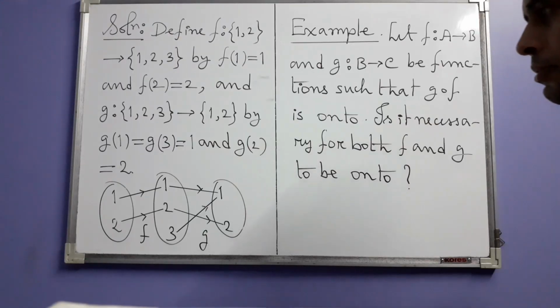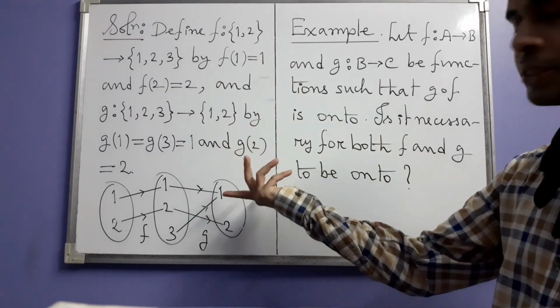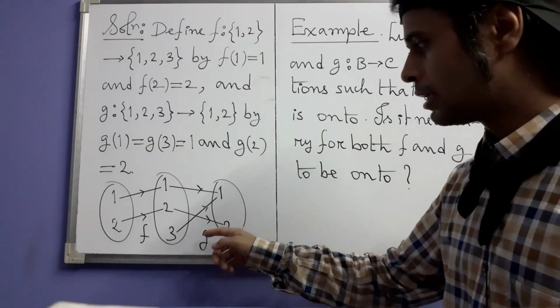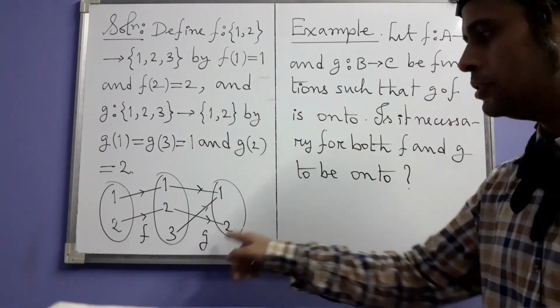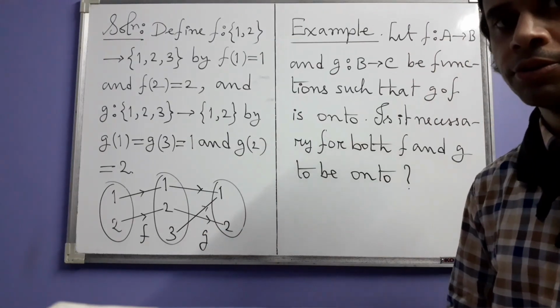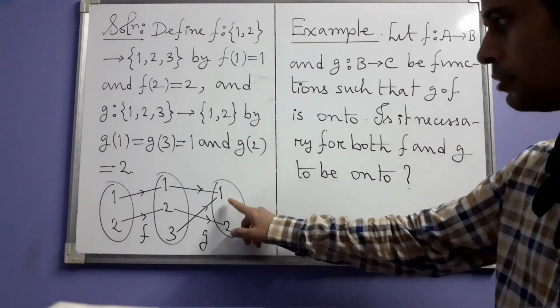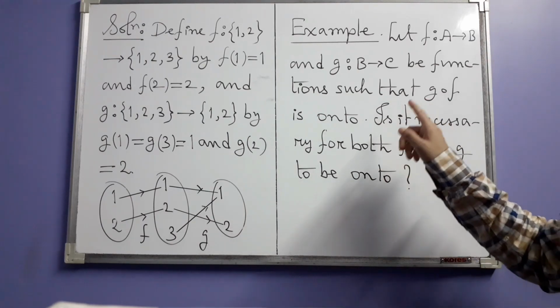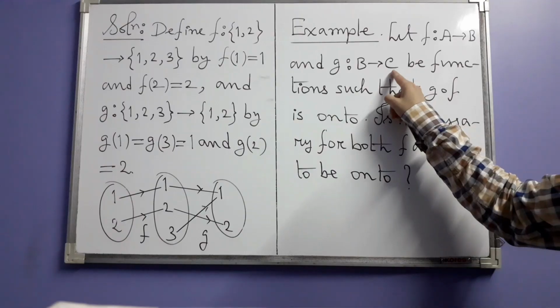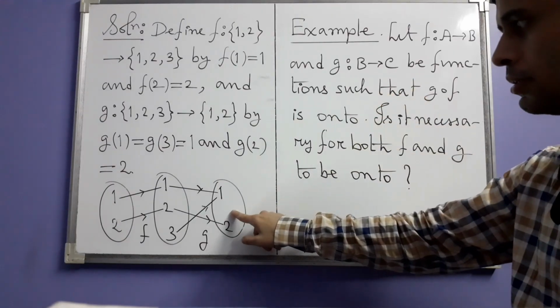Let us see how. So we already know what these things are. Now we just have to see if g composition f is onto this time. Is it onto? Yes. You take any element in the codomain of g composition f, which is this set, say 1.